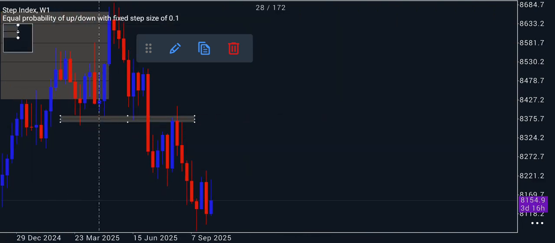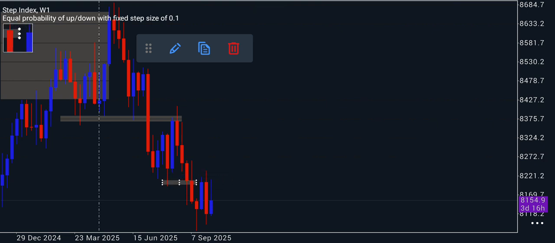This is the first structure break. Market broke this low, then came back to retest this zone, and then market now came down to break this low again.